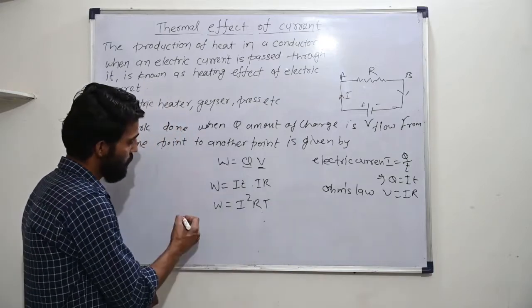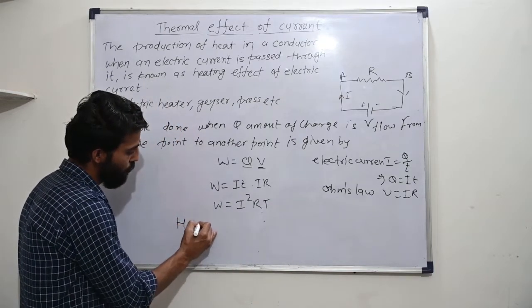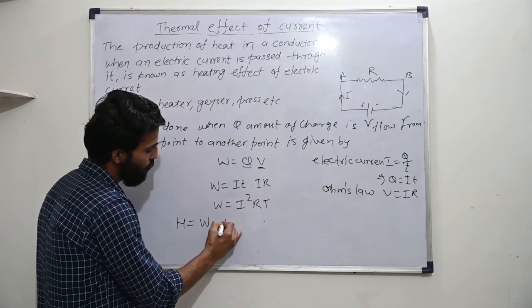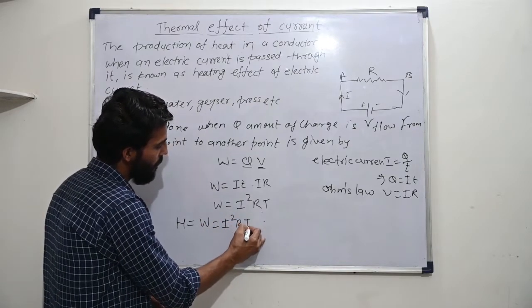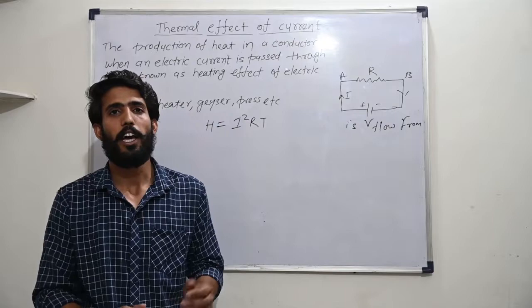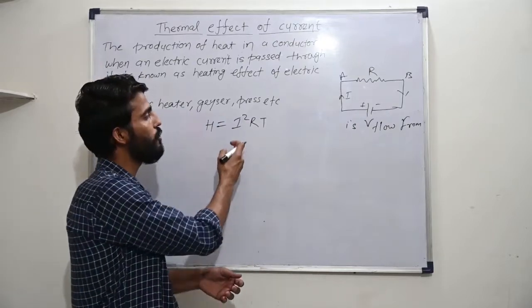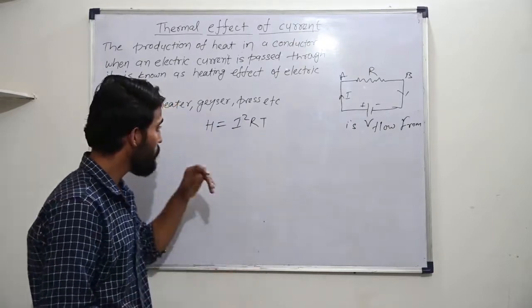Then we can write generated heat H equals W equals I square R T.